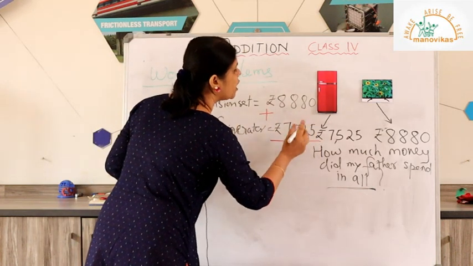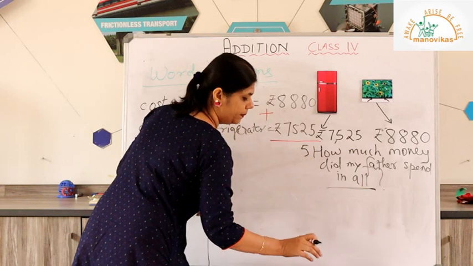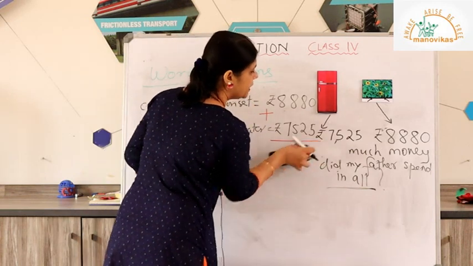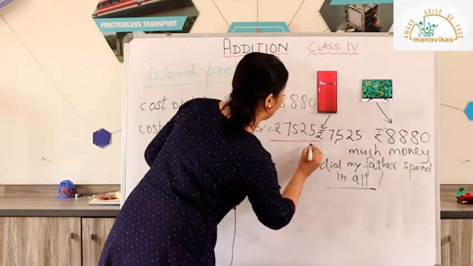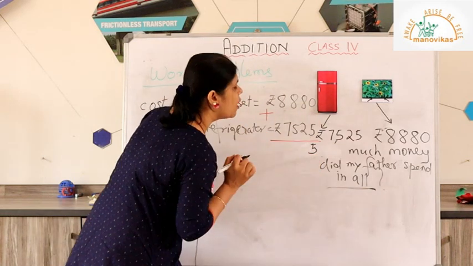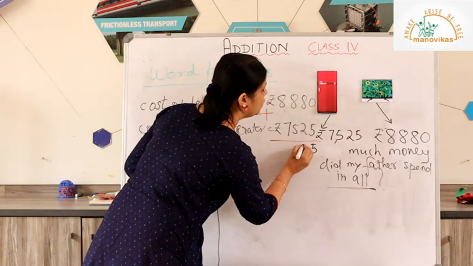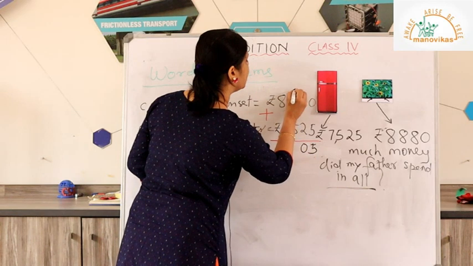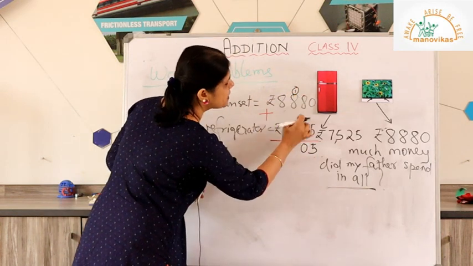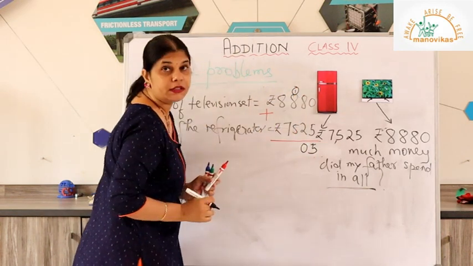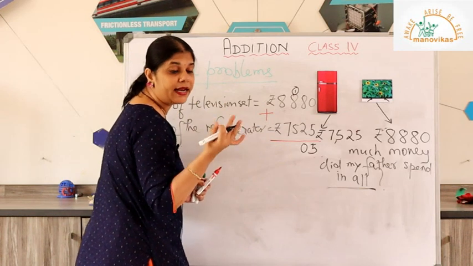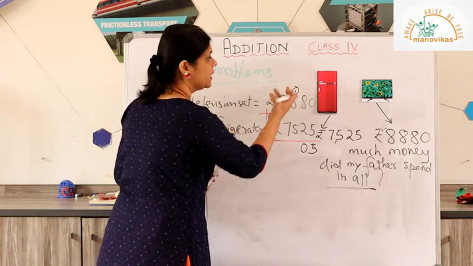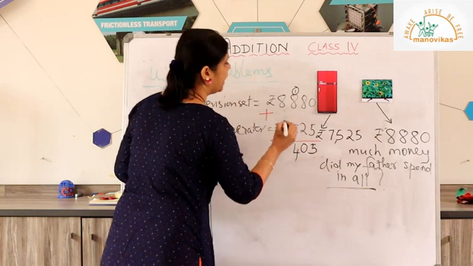5 plus 0 is how much? 5, right? 8 plus 2 is how much? 10. So what will I do? 0 here, 1 here, right? 5 plus 8 is how much? 8, 9, 10, 11, 12, 13. Plus 1, 14, correct?